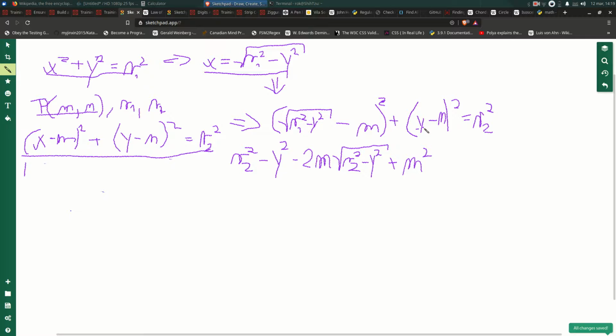Is that minus over there? No, it's not minus, so we got plus y squared minus 2my plus n squared, so that's actually n over here, equals r2 squared, and here is r1.